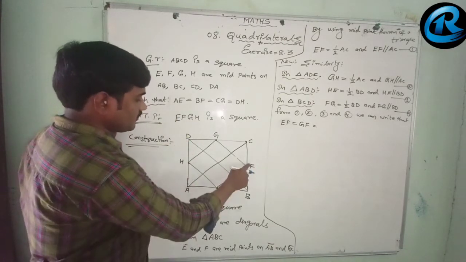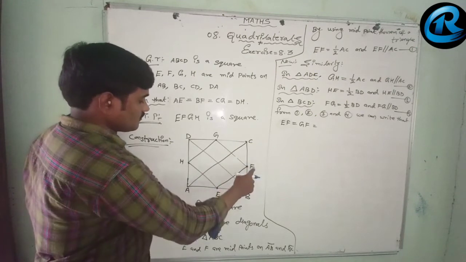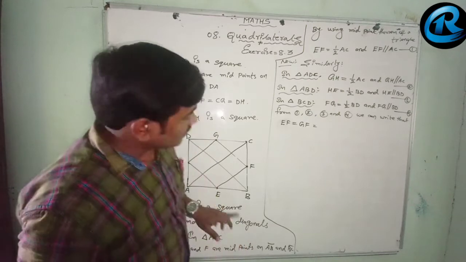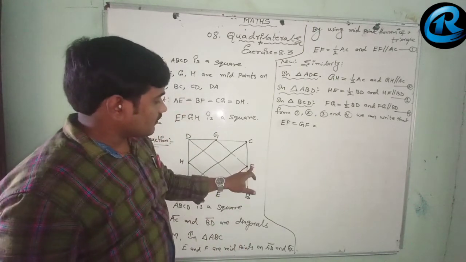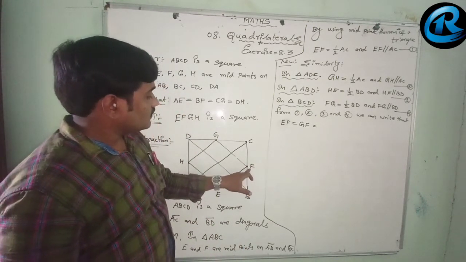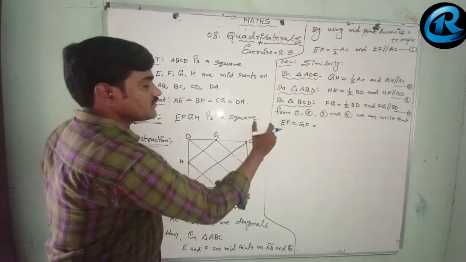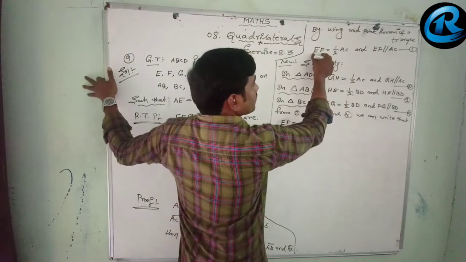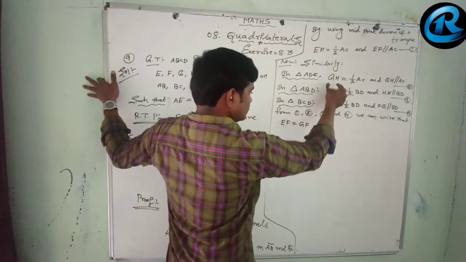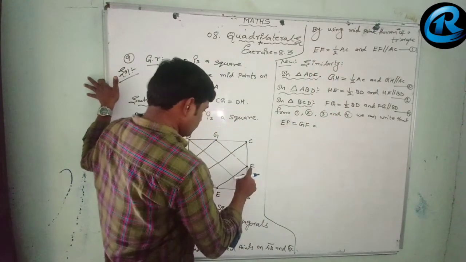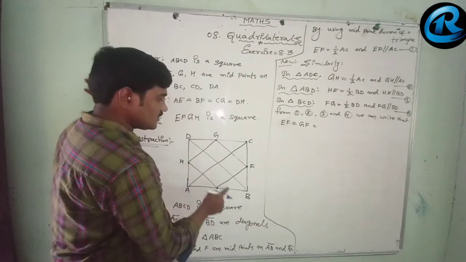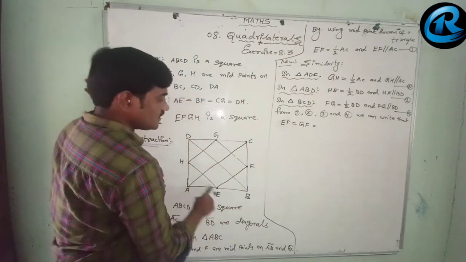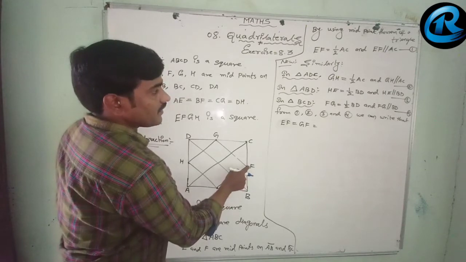Setting that aside, here EF is equal to GH is equal to HE is equal to FG.